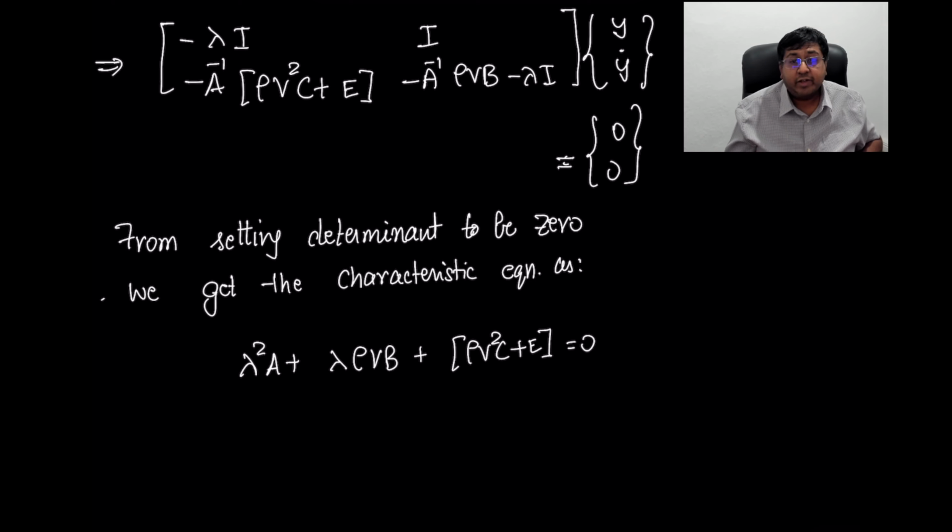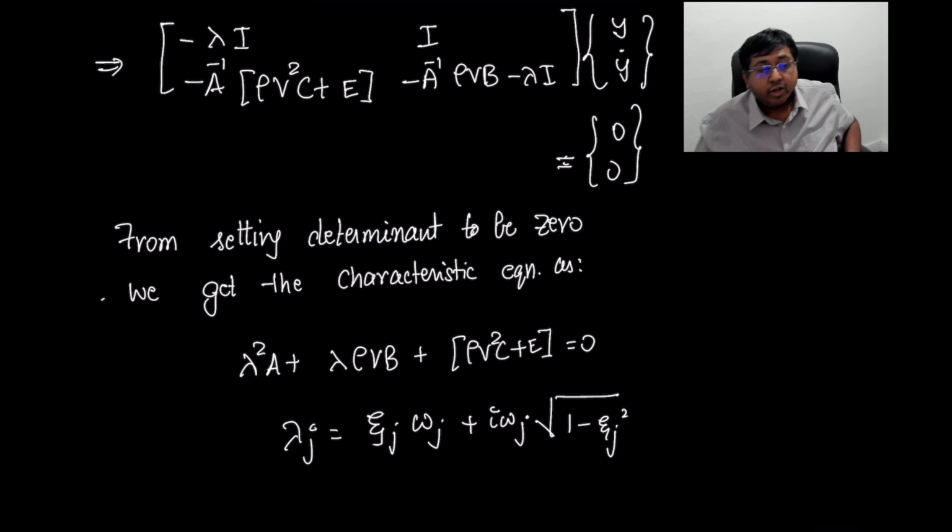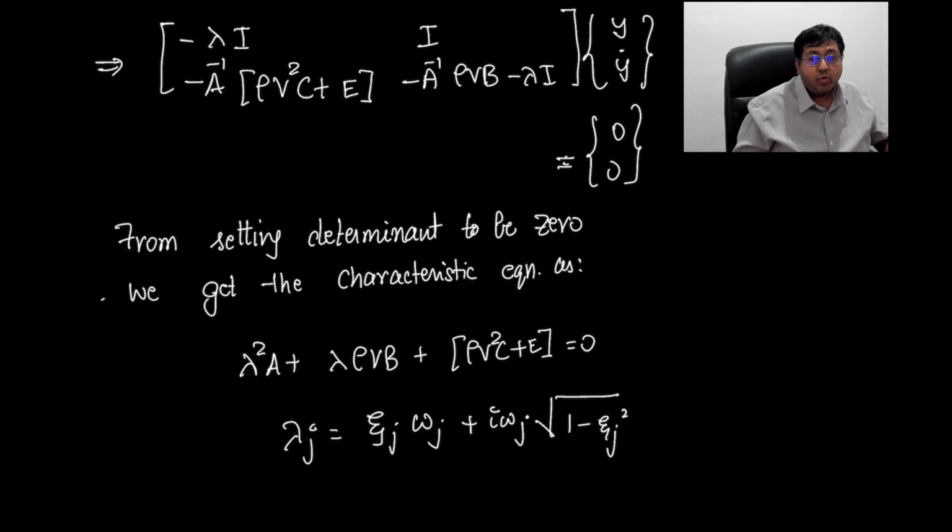Or in other words, we can write the solution to this equation of motion in some form where some lambda j is equal to Cj into omega j plus I into omega j square root of 1 minus theta j square. Right? So as the speed increases, the value of the c and omega will change until flutter occurs. Or we can consider this equation to be of a form.